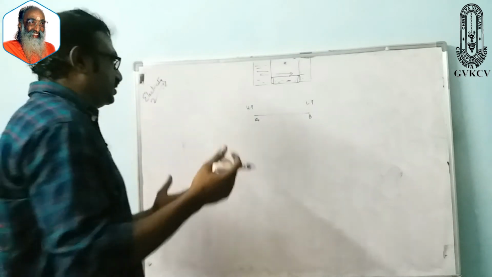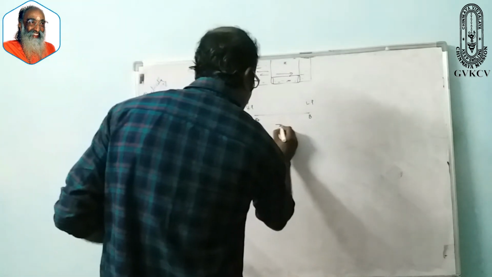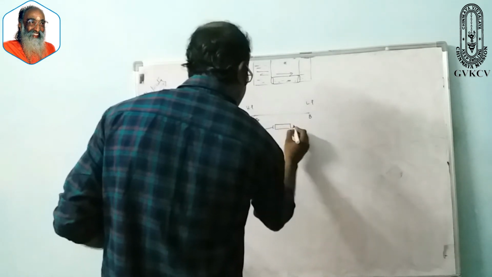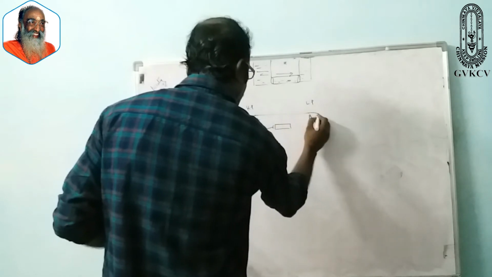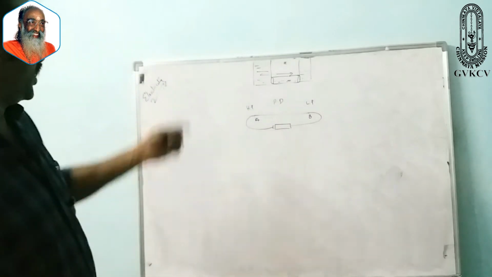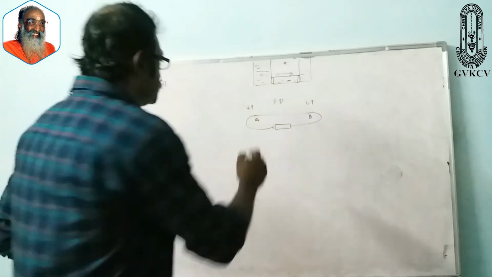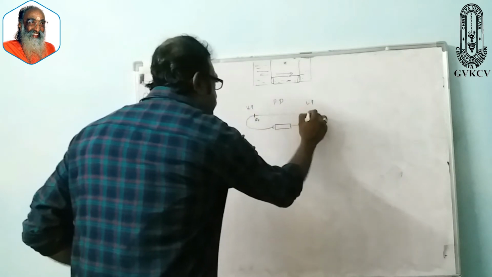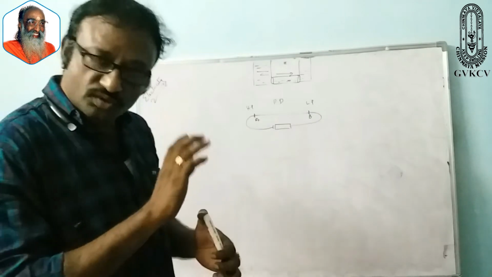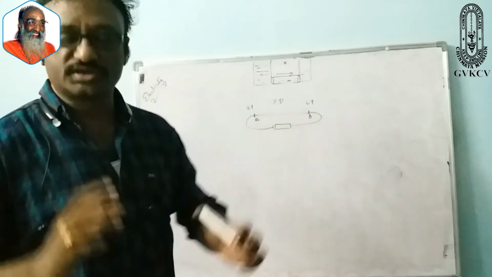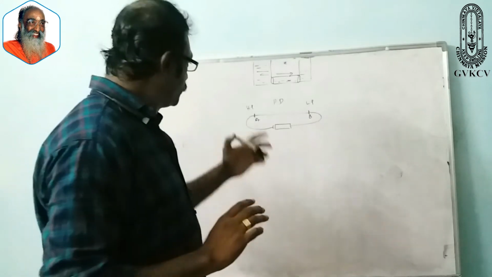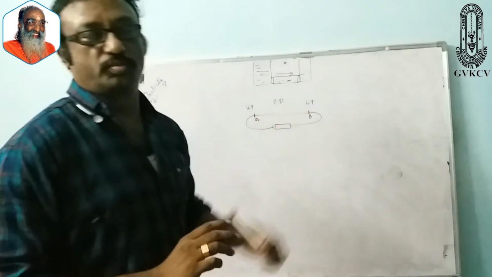To maintain this, we already learnt that the conductor is to be connected to a cell or a battery, which maintains the potential difference. So one end is at higher potential and the other is at lower potential, and because of the potential difference, the charges flow from higher potential to lower potential.